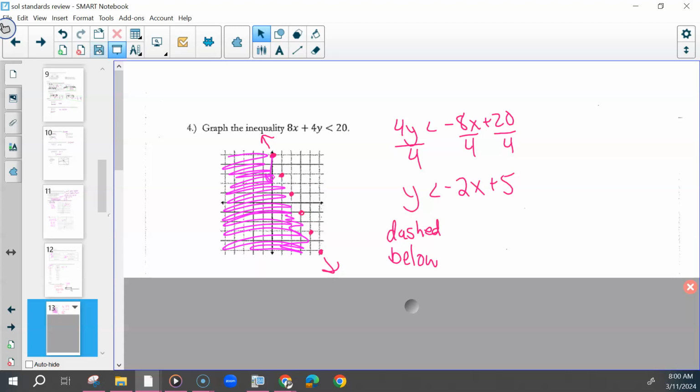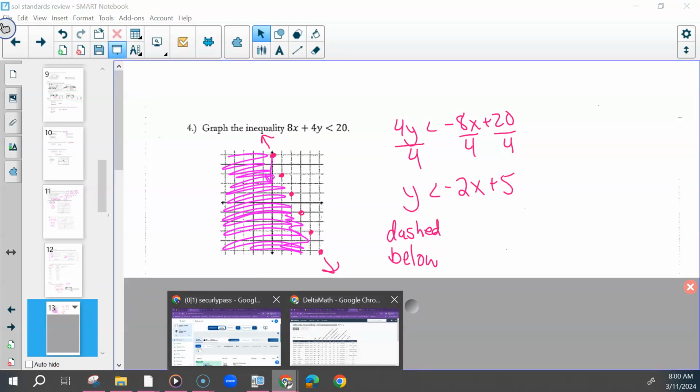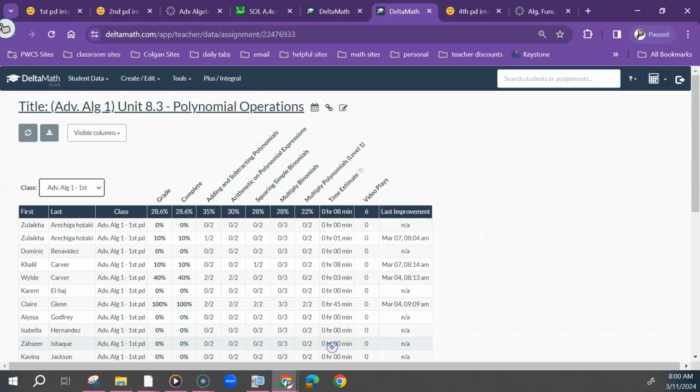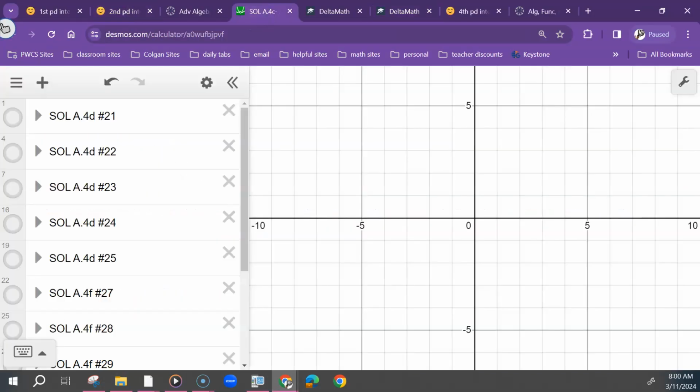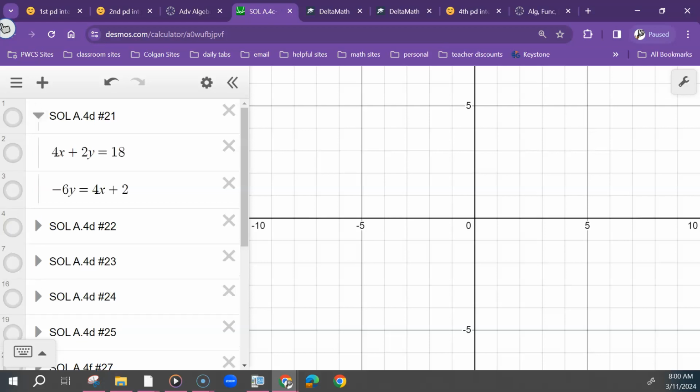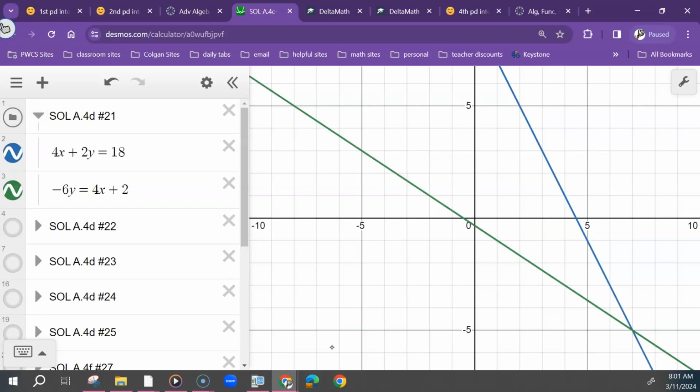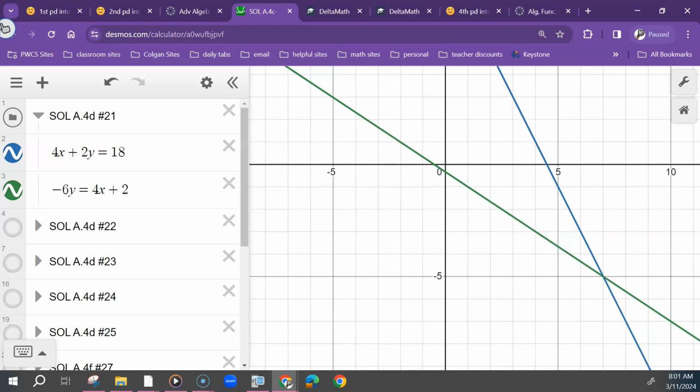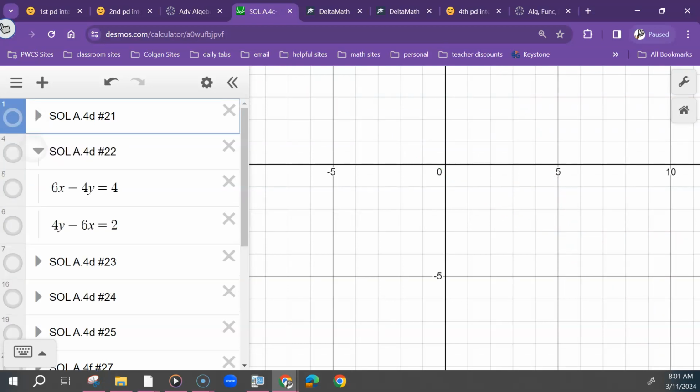Everyone look at your SOL, I'm sorry, I skipped this over, Desmos, really quickly, and then I'll circle back. So all of the systems problems, if you put those in, it'll show you where they cross. You can find the x and y intercept for any of those.